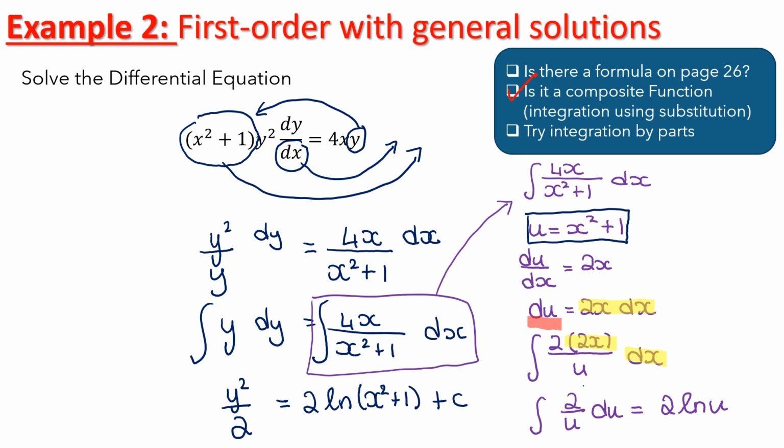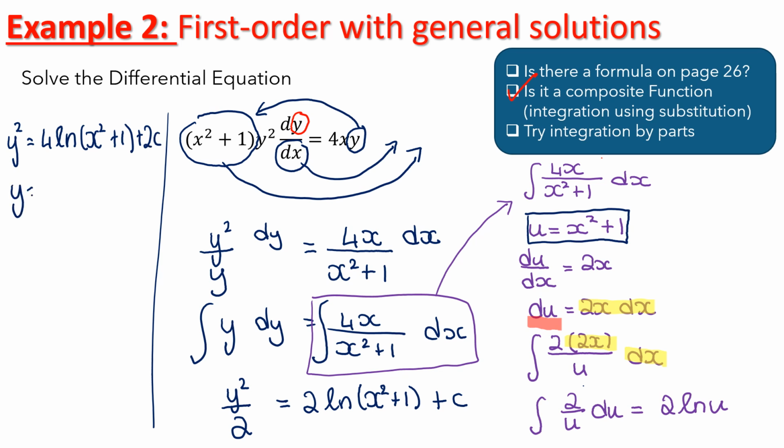I'm not finished yet because this differential equation needs y equals. So we're going to do a little bit more work to tidy that up. So y squared equals 4 ln x squared plus 1 plus 2c. And then to get y on its own, we're just going to square root this whole part.